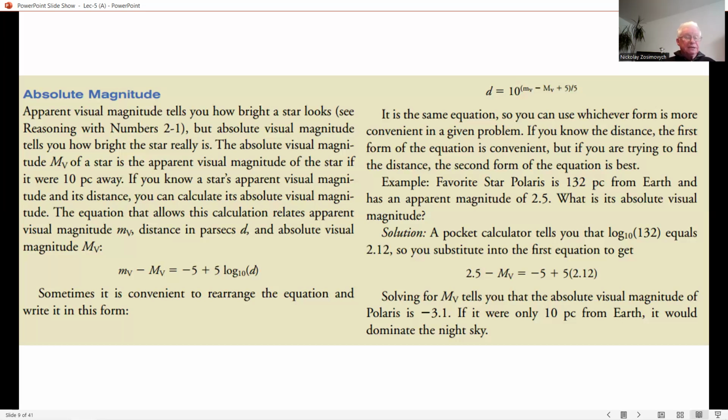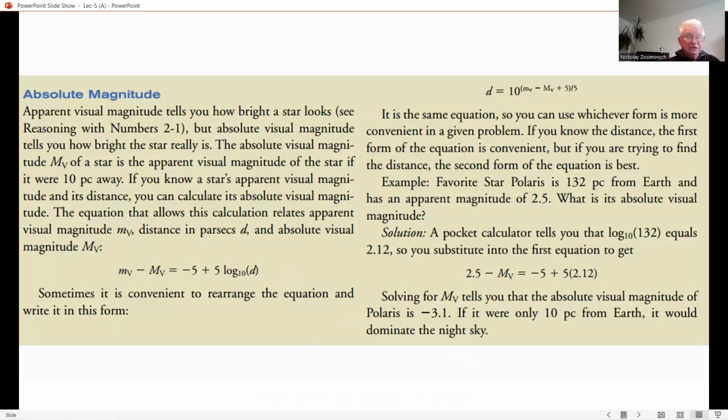The sun is tremendously bright in the sky, but it is very close. Its absolute visual magnitude is only 4.83. If the sun were only 10 parsecs from Earth, not a great distance in astronomy, by the way, it would look no brighter than the faintest star in the handle of the Little Dipper.